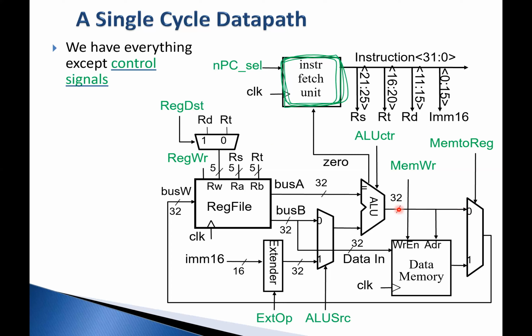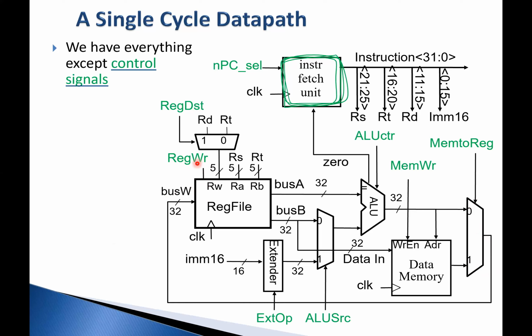Store word, do you want to let this pass through? No, right? Store word doesn't read this one to write into register. Store word doesn't read this one as well, because store word ends at your memory stage. It doesn't do register write, right? So we don't actually care. Okay? And when we don't care, make sure that your register write is off, so that it doesn't matter which channel is on, the register write signal will block it.